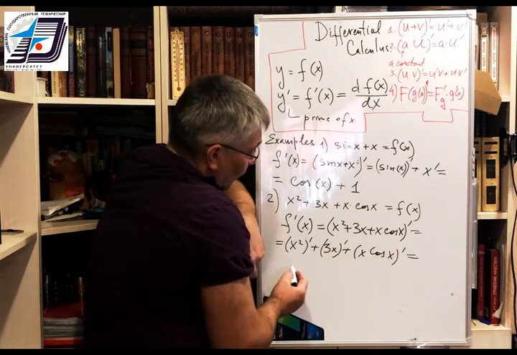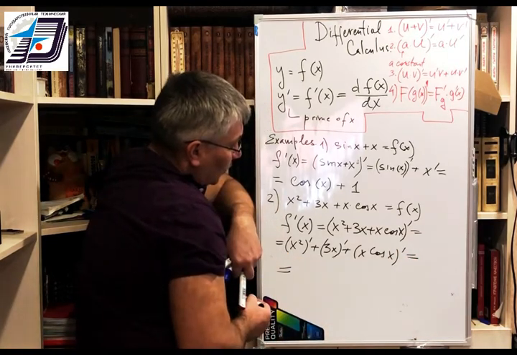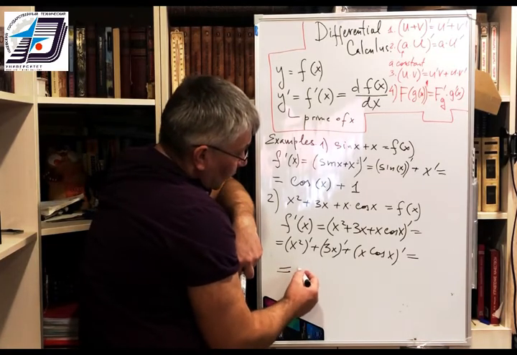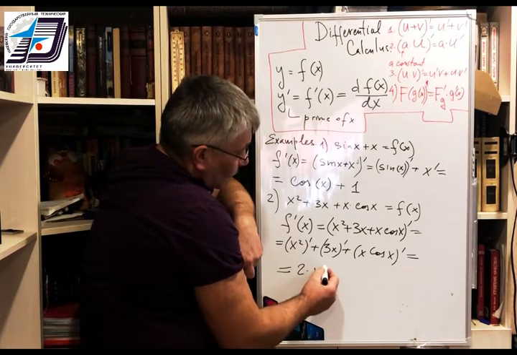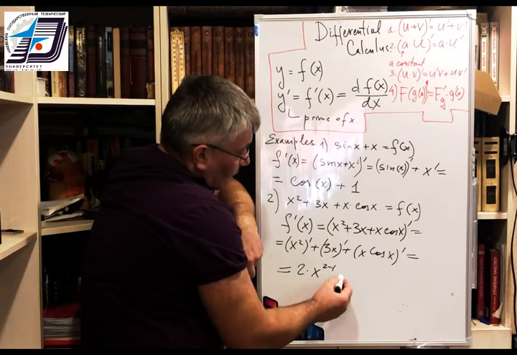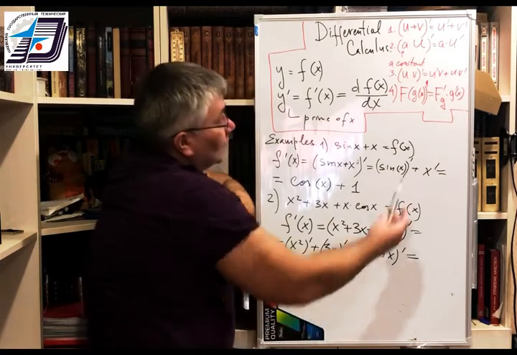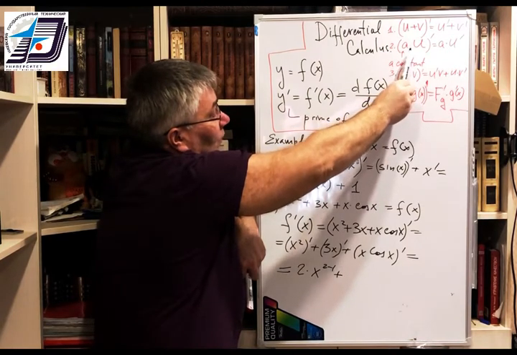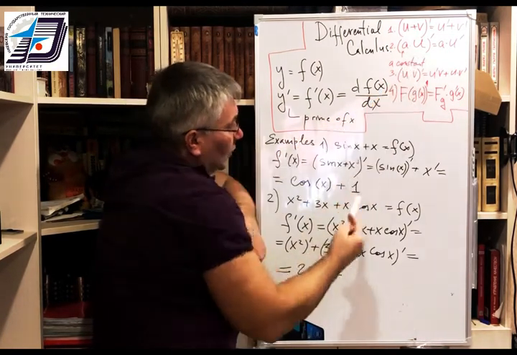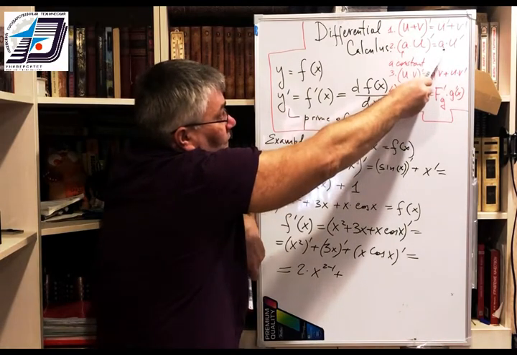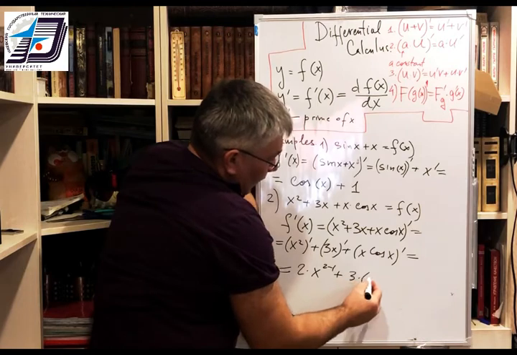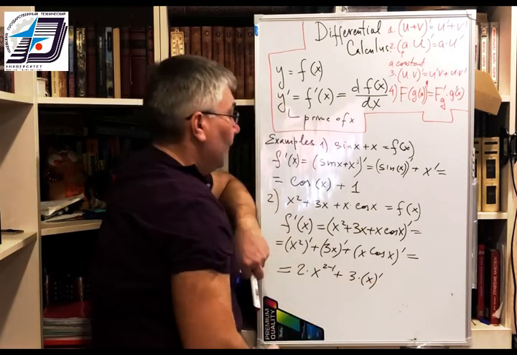I remind you one more time that we have the elementary function, and here you have the rule: it is 2 times x to the power 2 minus 1. Plus 3 times x. You have here a rule that if you have multiplication of a constant by some function, you can take the constant outside of the derivative calculation, so it is 3 times the derivative of x.